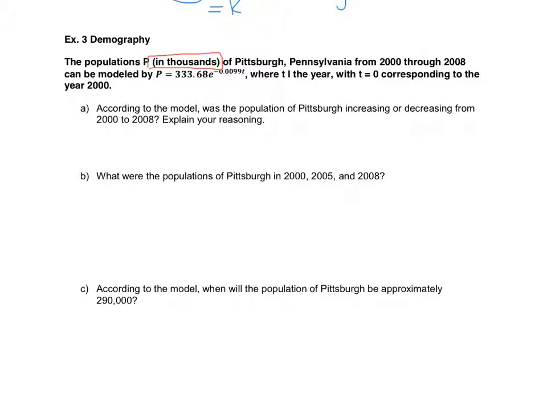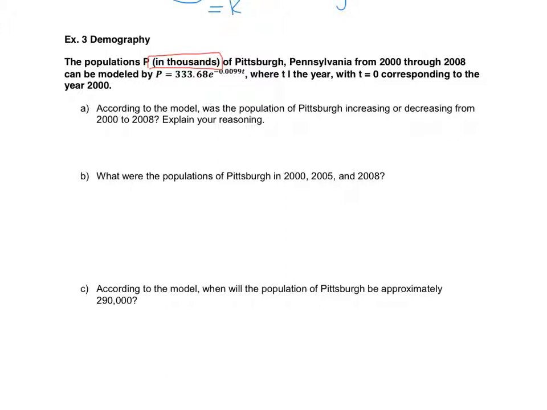So in thousands, we're going to be getting answers, but remember, that's going to be that many thousands of people. So the population P of Pittsburgh, Pennsylvania, from 2000 through 2008 can be modeled by that function, where T is the year, with T equals 0 corresponding to the year 2000.